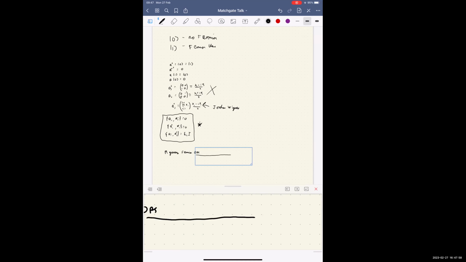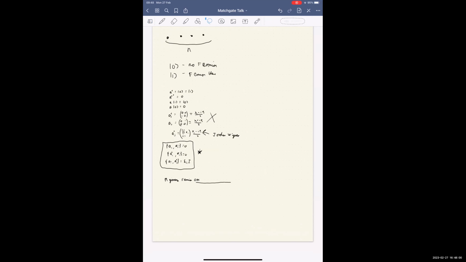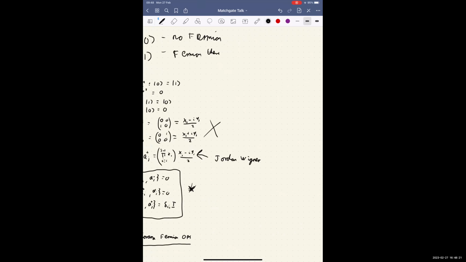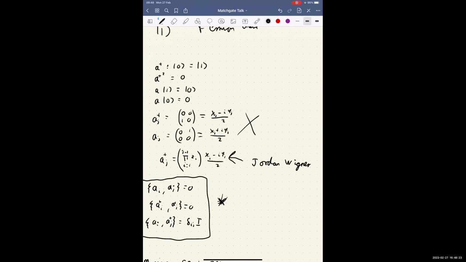Oliver, I have a small question. Sure. I'm going very fast deliberately, so I expect questions. But yeah, sure. On the a_j dagger expression, on the left you have a product of essentially everything that's not j, because here you say i going from 1 to j minus 1.